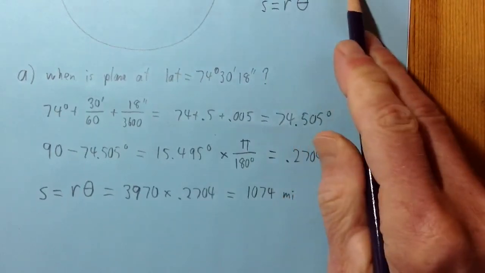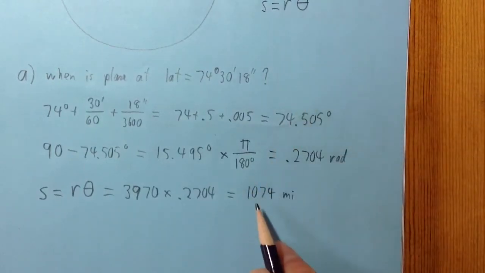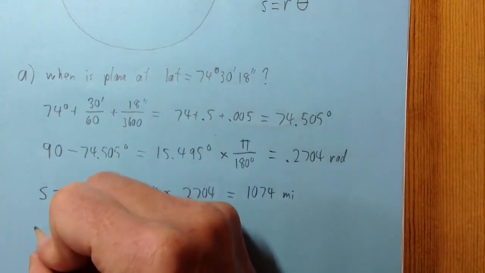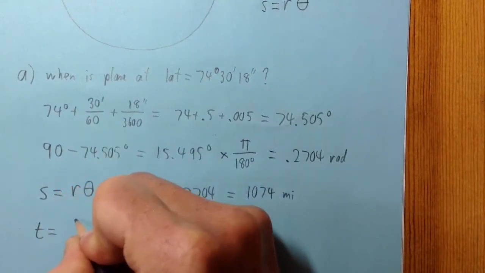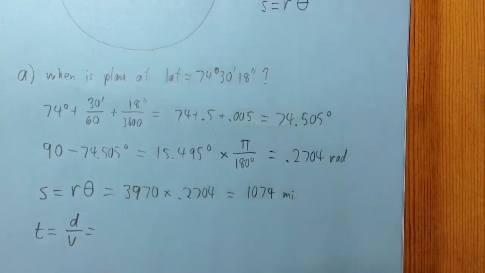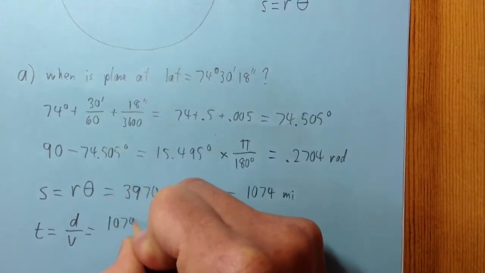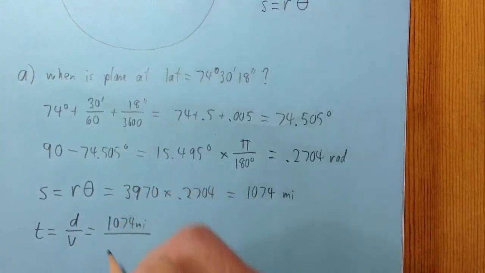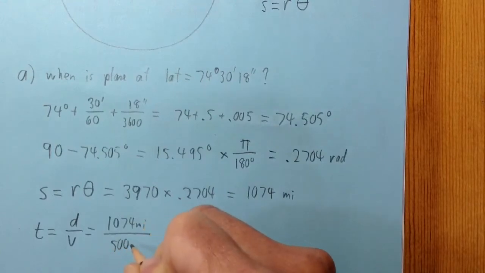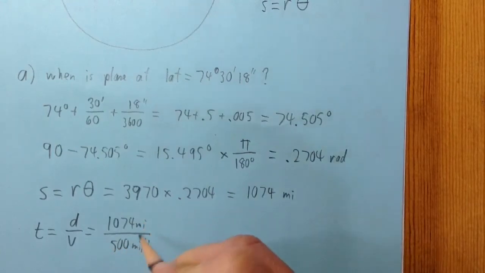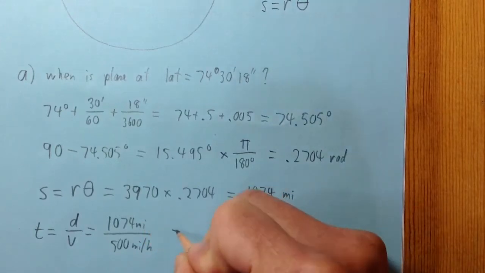The airplane is going 500 miles an hour, so it's going to take a little over 2 hours. Time is distance divided by velocity, which is 1,074 miles divided by 500 miles per hour. We know we did it right. The miles cancel. Hour in the bottom is like hour in the top.